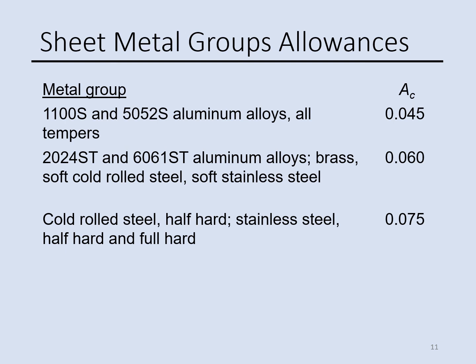For example, if we are working with aluminum alloy, the cutting allowance is 0.045, and if it is 61ST aluminum, that allowance goes up, so you have a larger clearance. For the steel, it's even a larger value, it's 0.075.